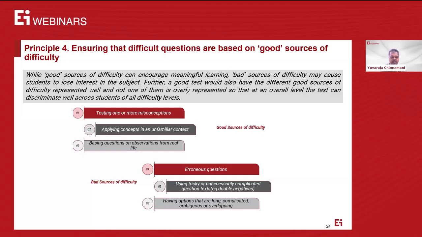These encourage deeper learning. Bad sources of difficulty include tricky wording, obscure facts, or unnecessarily complex calculations that don't test understanding. When we use good sources of difficulty, even challenging questions become learning opportunities that motivate students rather than frustrate them.